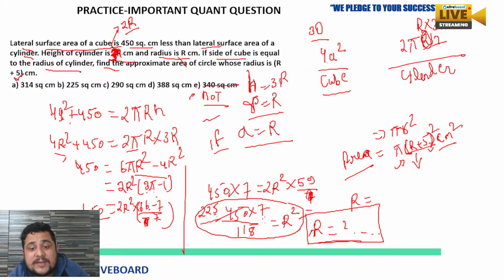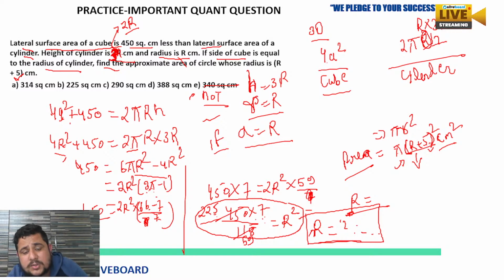Even if we solve this, r is under root 225, so 225 is already the perfect square of 15, and this will be 59 then.